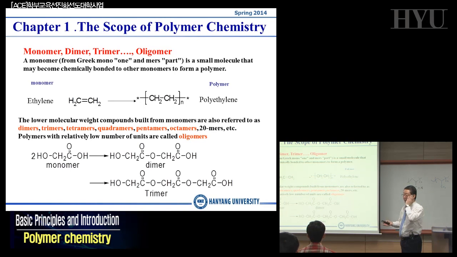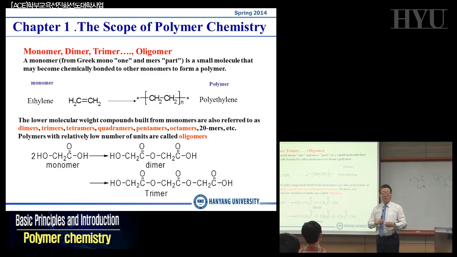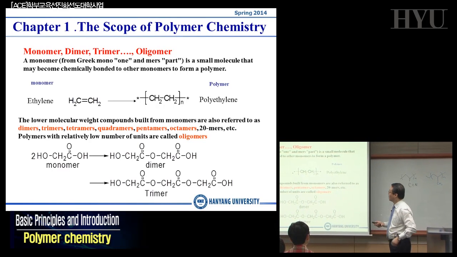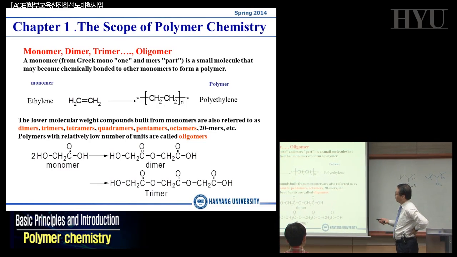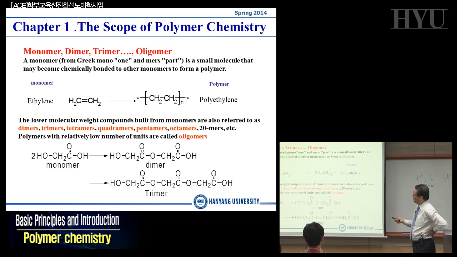Polymer, poly. Poly means many. Okay? Poly means many. So you have many molecules. So molecular weight is many or high. Okay? That is the meaning of this polymer. Well, you have an example of ethylene. Ethylene looks something like this. You have a double bond between this carbon and carbon.